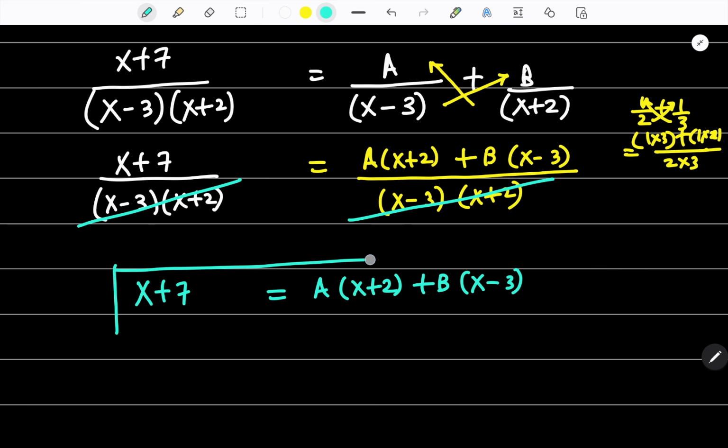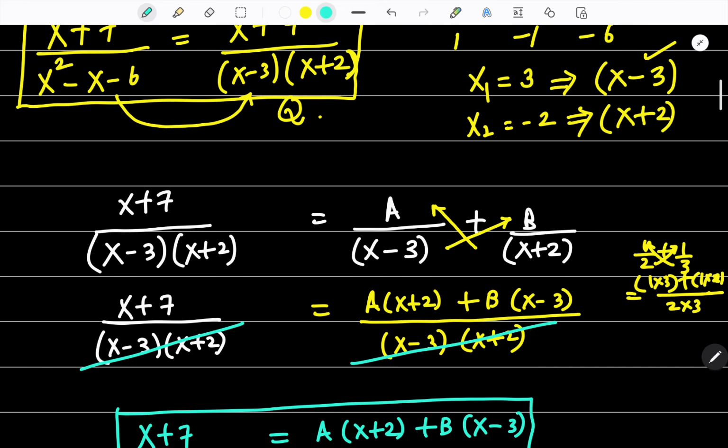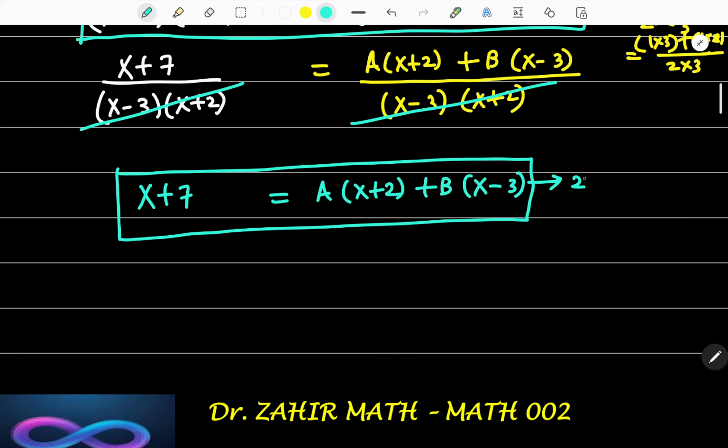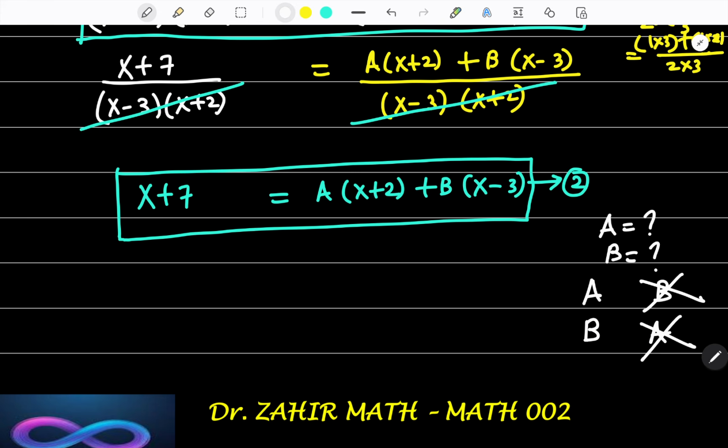This one is my equation 1, because I have to come back to it and put the values of a and b. Let me call this equation number 2. Now what is my job? I have to find A and I have to find B. When I need A, I don't want B. When I need B, I don't want A.